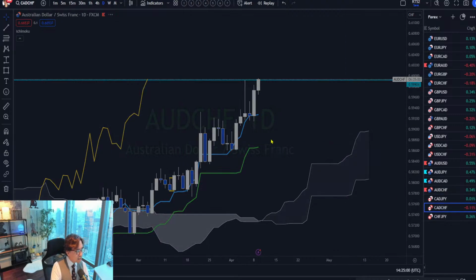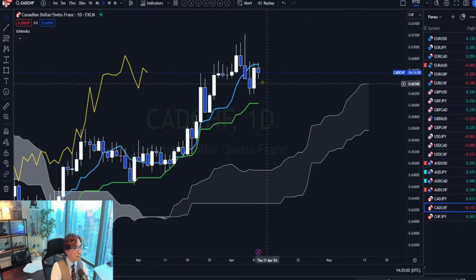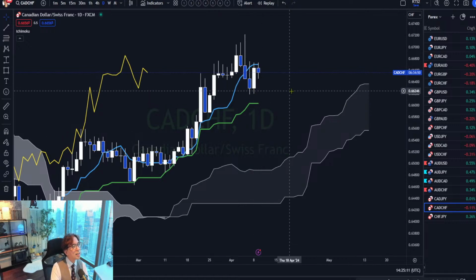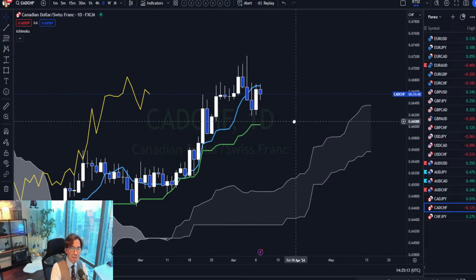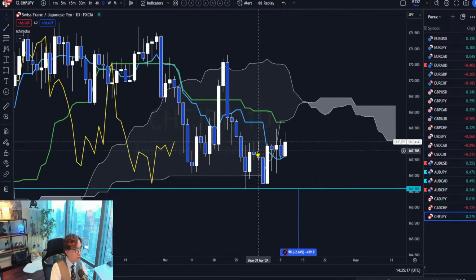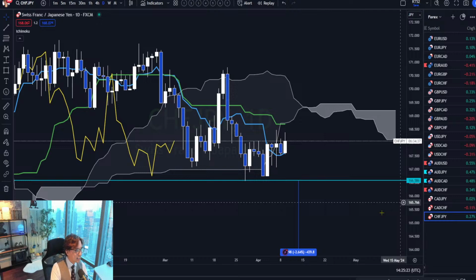And CAD Swiss franc has been range. It broke the Tenkan-sen, Kijun-sen angle is flat, Senkou span A and B angles are flat too, so it's retracing, consolidating. So this is not the best market to trade right now. And finally, Swiss franc JPY has been ranging too. I'm still waiting for the breakout of 166.58.